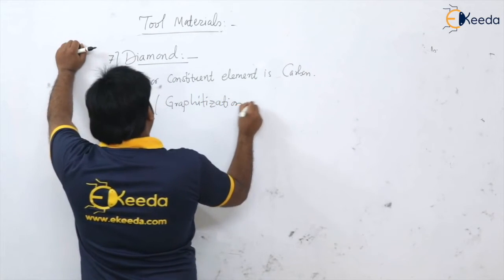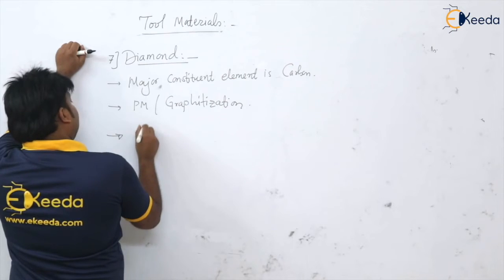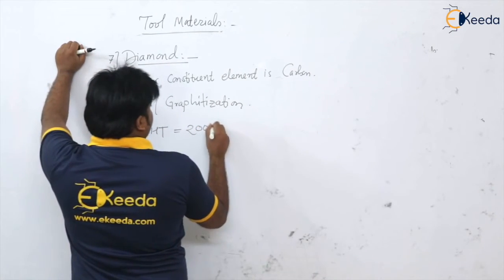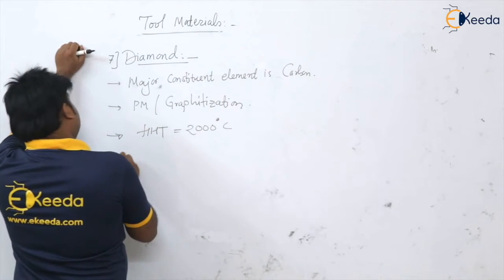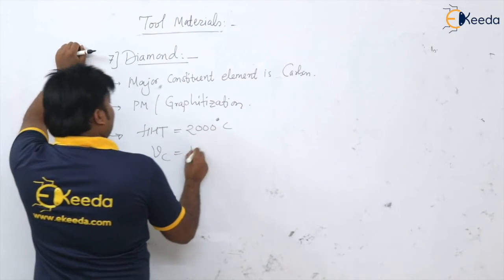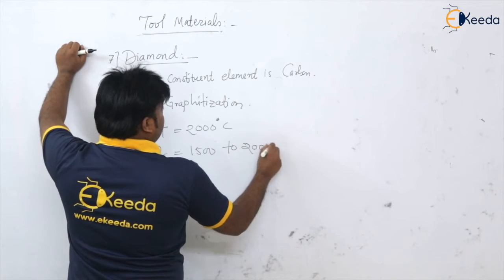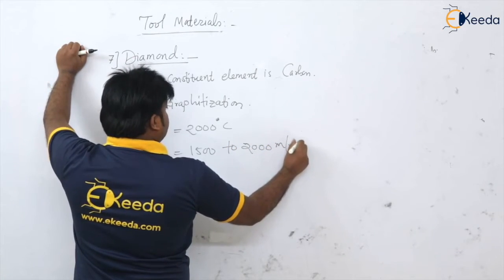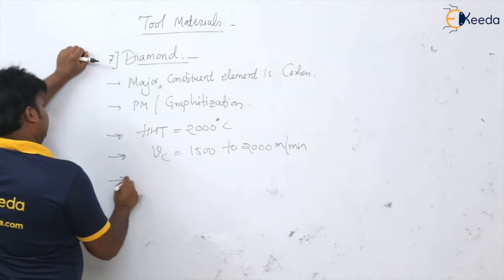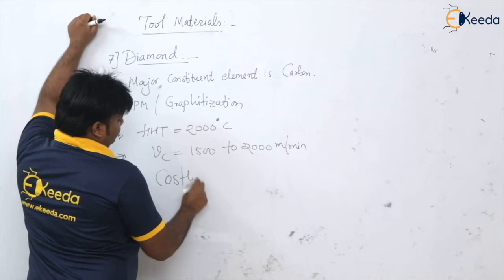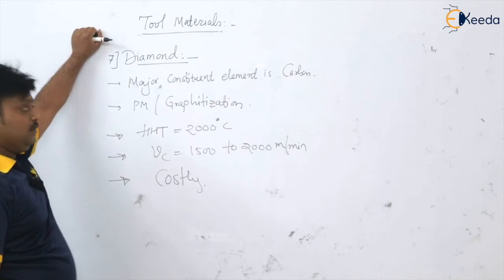If you talk about the hot hardness temperature, it's 2000 degrees centigrade, and the cutting speed is also very high, from 1500 meters per minute to 2000 meters per minute. And a very important thing is, it is very costly too.